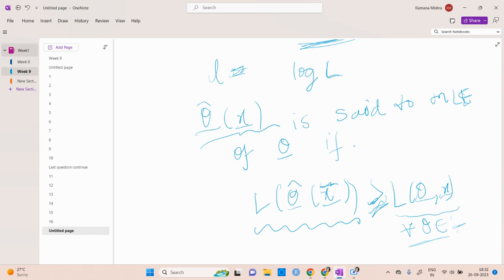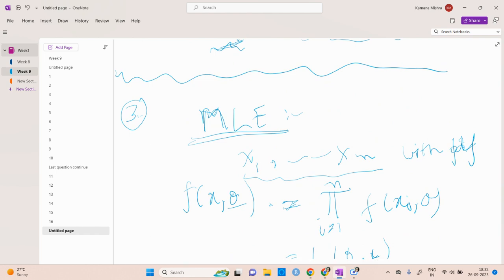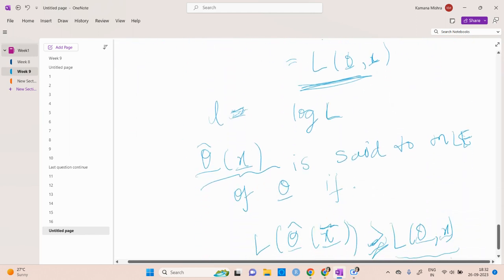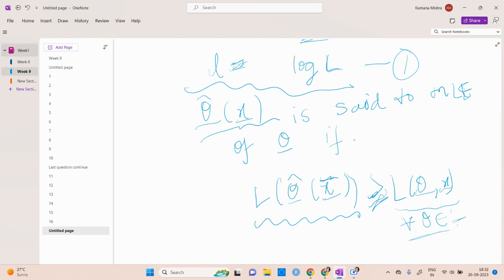What does this mean? From the name itself we can understand: maximum likelihood estimator. We have a likelihood function, and what we want is its maximum. That means we want to maximize it. So we have L equal to log L, let's say as one equation.